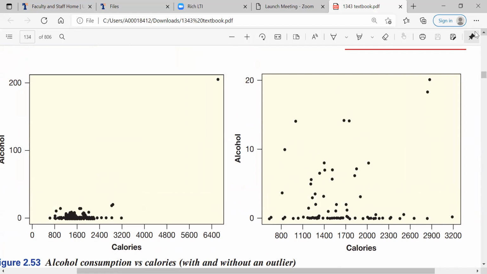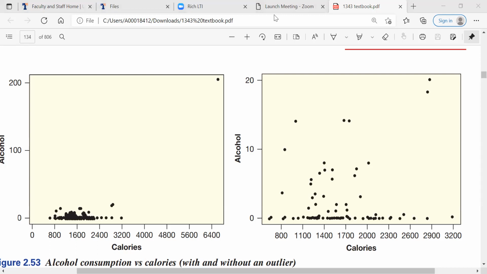Not super strong, but fairly strong. The value of the correlation of the picture on the right is 0.15. Just that one outlier threw the correlation off from 0.15 all the way up to 0.72. So yeah, outliers.